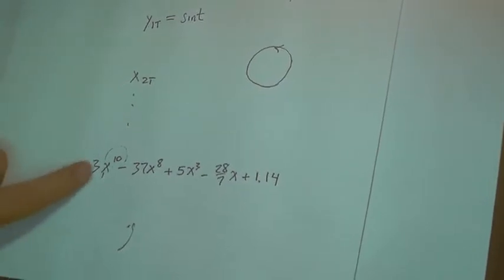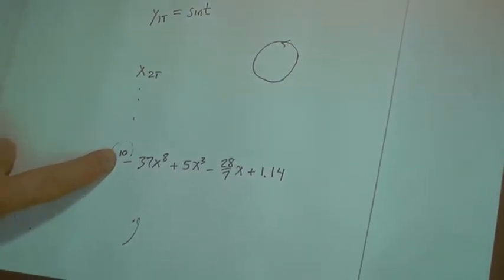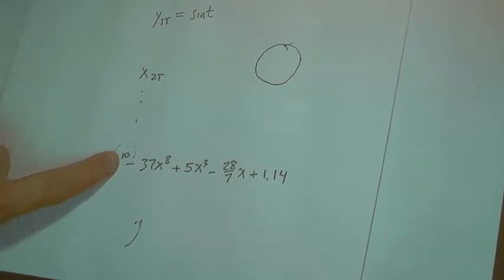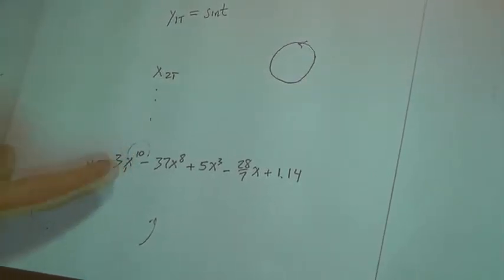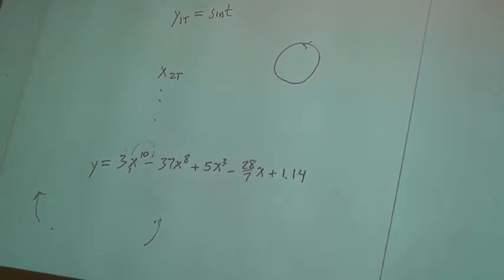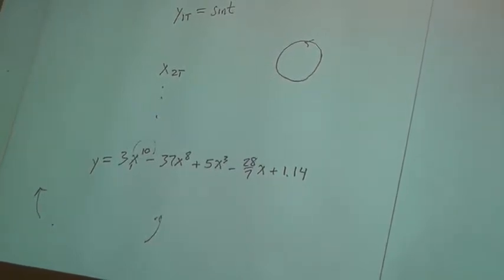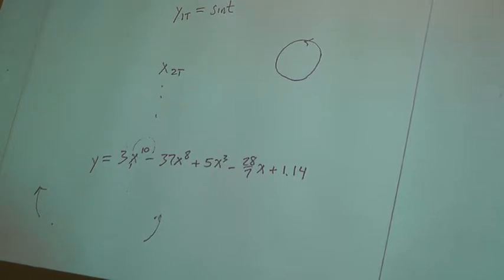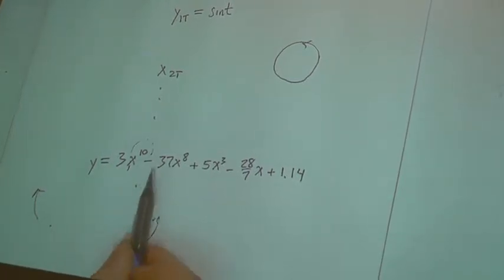I can tell you that the maximum number of x-intercepts is 10, but if you find 8, maybe you spend the rest of your life looking for the other 2 and maybe they don't exist. Nobody asks you to graph this.